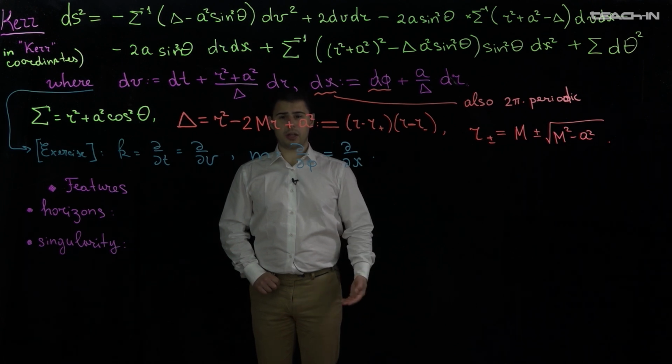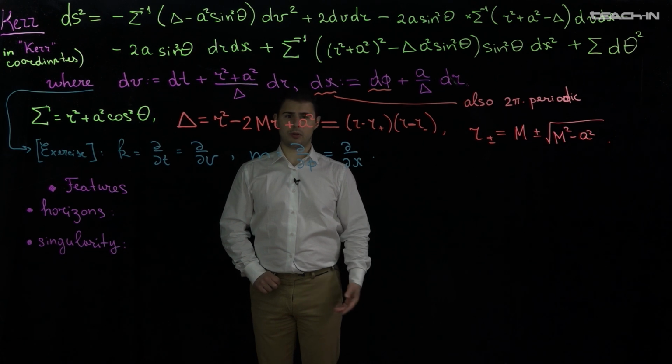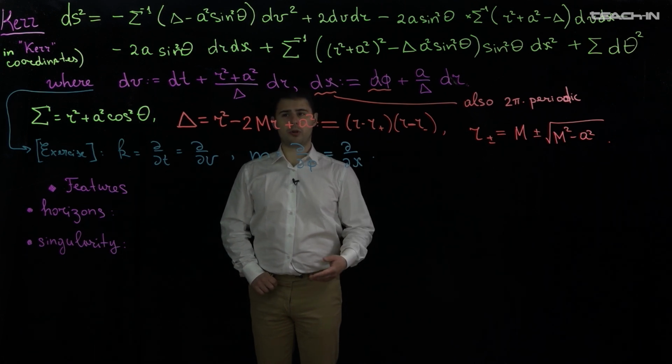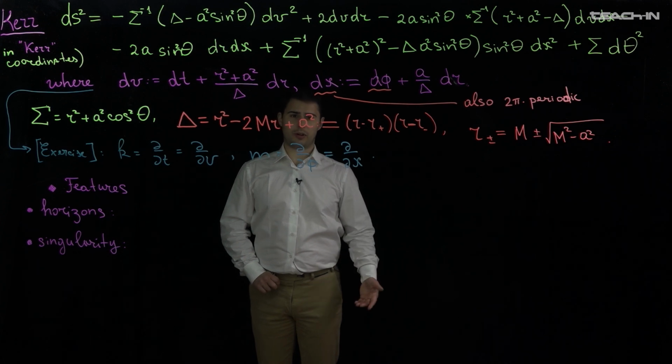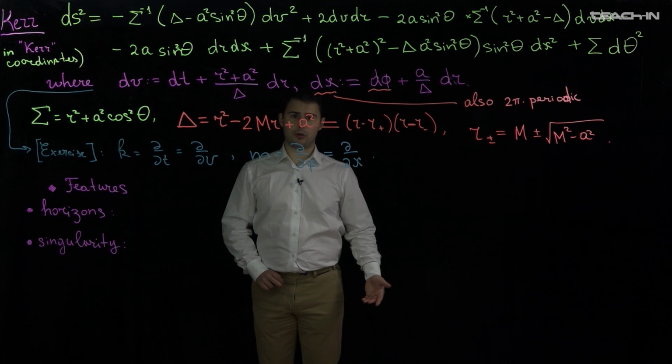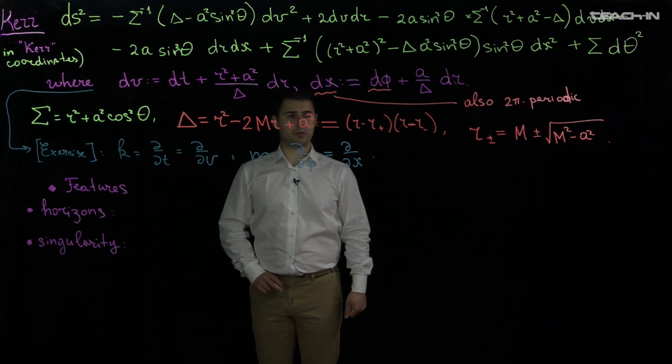If delta is always manifestly positive, then we will have a naked singularity, which is similar to Reissner-Nordstrom. We'll show next that there is always a singularity, and if delta is positive, then we can reach it, and there are no horizons.